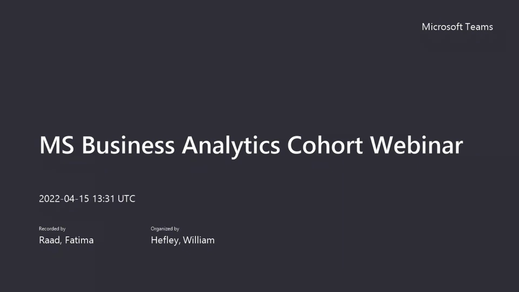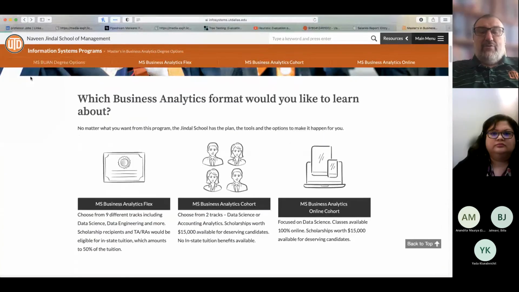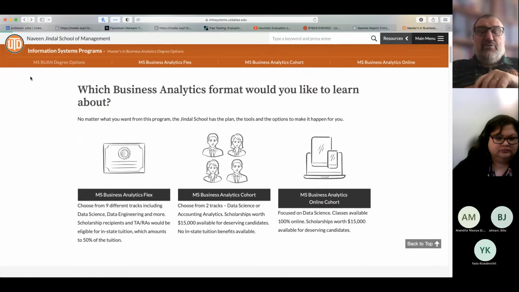Start out, let me back up just a point. That's where I really want to start. This is something that a lot of people don't realize: we have 3 formats of our MS in Business Analytics degree here at the University of Texas at Dallas.